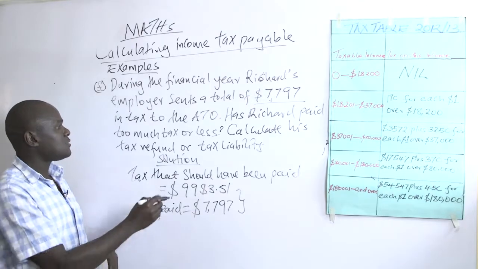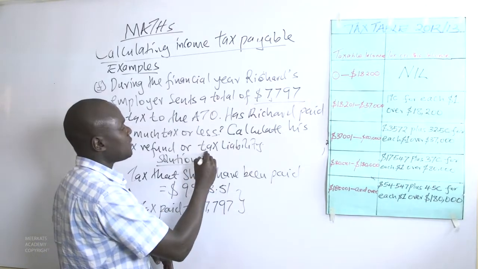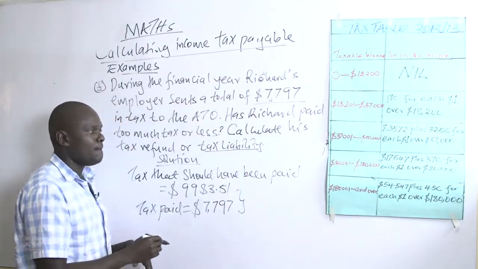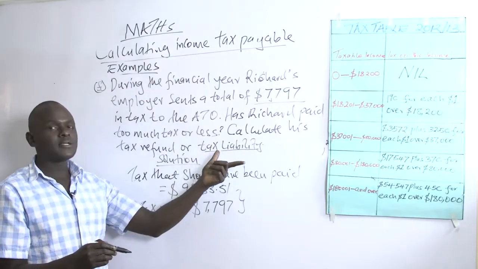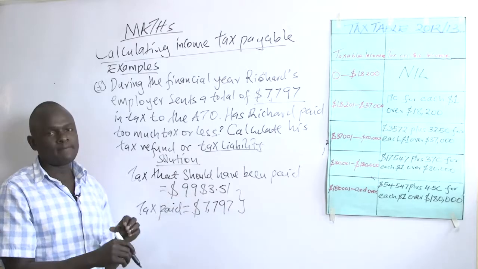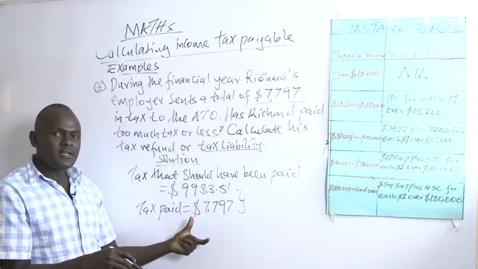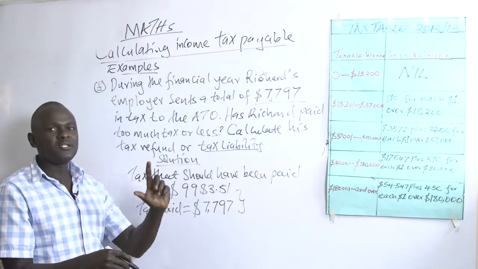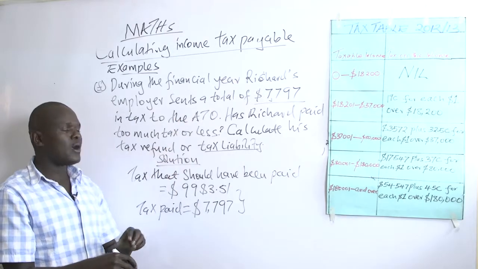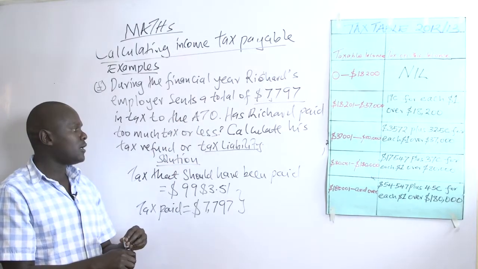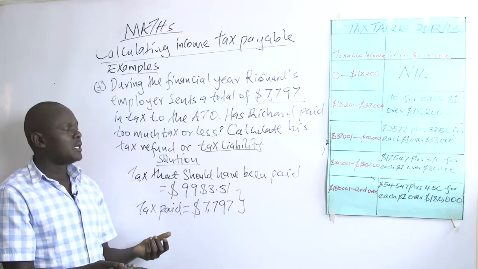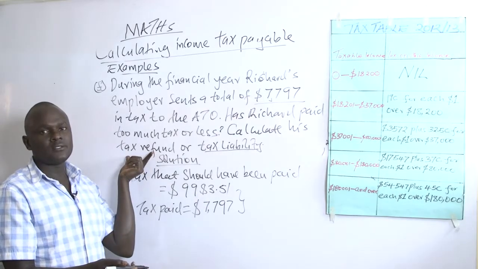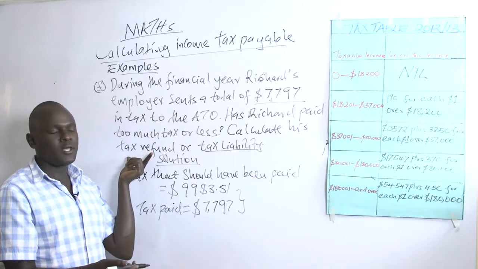That is what is referred to as tax liability: more money to be given to the Australian Tax Office by a taxpayer. But in the event that what was paid is more than what is legally required, then the tax office gives a tax refund to the taxpayer.